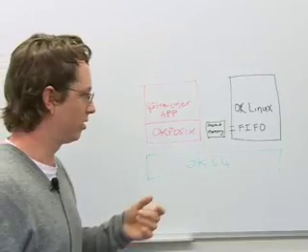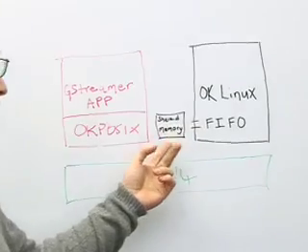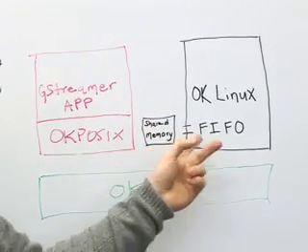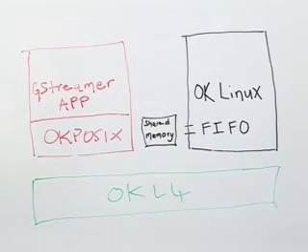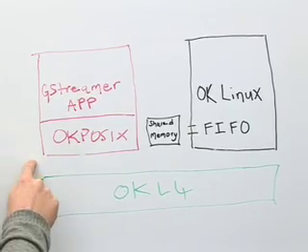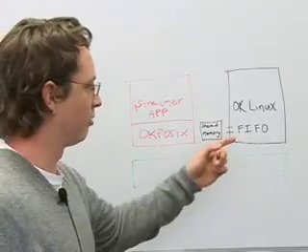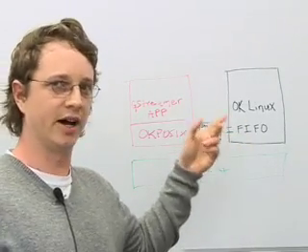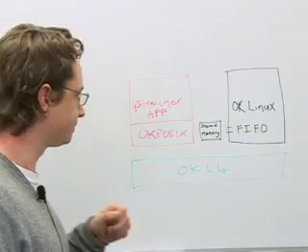As it decodes it, it places the raw video frames into a shared memory area, which are subsequently read out via the FIFO. So what's happening is that you've got a private video somewhere in the OK POSIX cell being read and displayed by an app running on OK Linux.